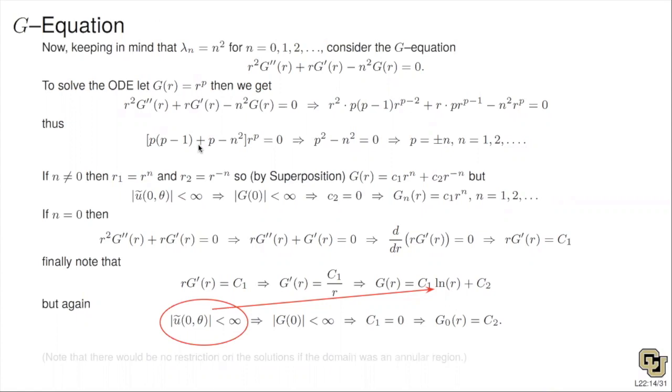Now let me emphasize, for example, in an annulus that doesn't include 0 or infinity, right? If we were in the region that didn't include the pole but still included the horizon, you could still go out to infinity, and the natural log would still blow up going to infinity.